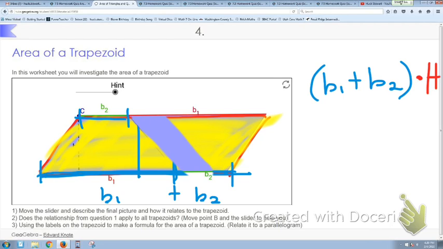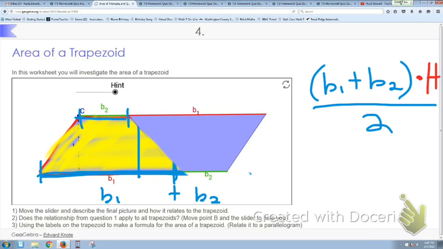So what I want to do then is take away this half. And how do I mathematically cut something in half? Well, that is just dividing the whole thing by 2. So this formula that we just came up with, base 1 plus base 2 multiplied by height divided by 2, is the formula for the area of a trapezoid.